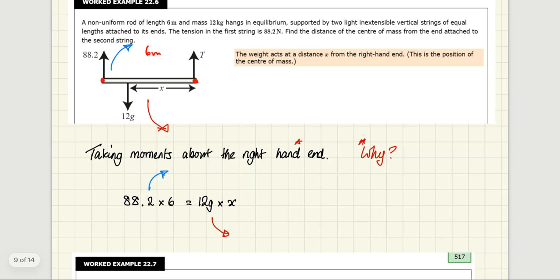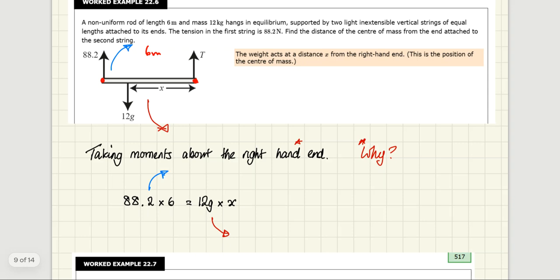We don't know T. If I wanted to know T, I would take the moments about this end, right? But because I want to know the x, which is the distance from that end, I need to take moments about this end.